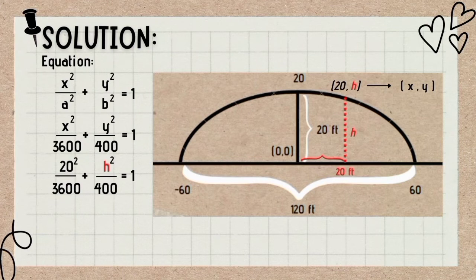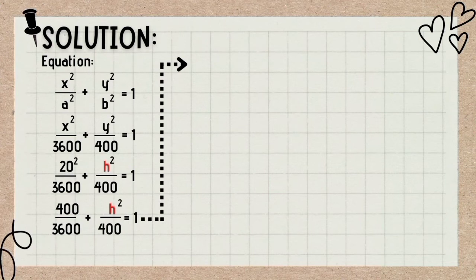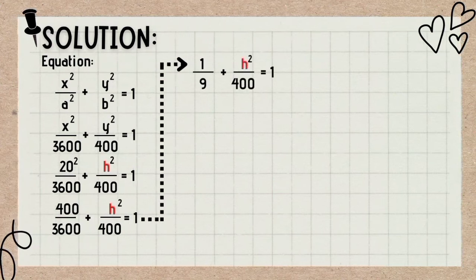Let's simplify and we will get 400 over 3,600 plus h squared over 400 is equal to 1. Get the lowest term and we will get 1 over 9 plus h squared over 400 is equal to 1. Now, we will subtract 1 over 9 from both sides and we will get h squared over 400 is equal to 1 minus 1 over 9.